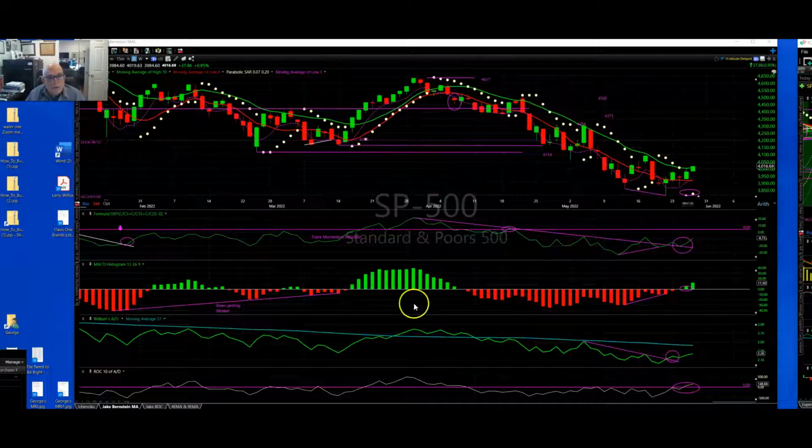It's a daily chart. This is a chart that I learned to plot from Jake Bernstein, and it is a 10-day moving average of the highs and an 8-day moving average of the lows. It's called a moving average channel, MAC.